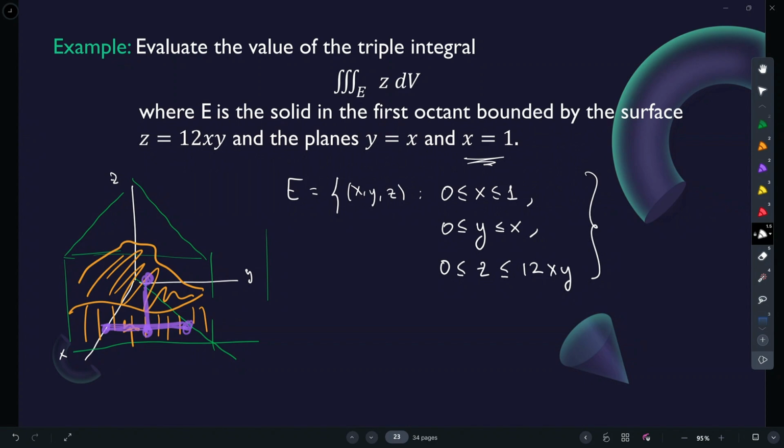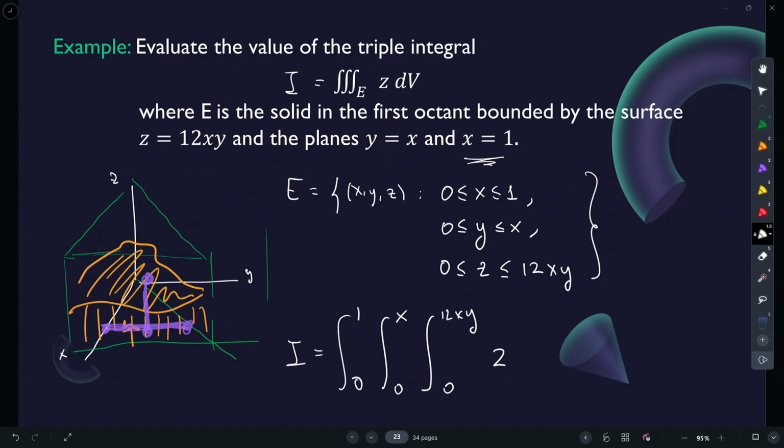And that's the work, so I can set up my integral. So that integral will be, first, the variable that goes in an interval from 0 to 1. The y goes from 0 to x. And the z goes from 0 to 12xy.